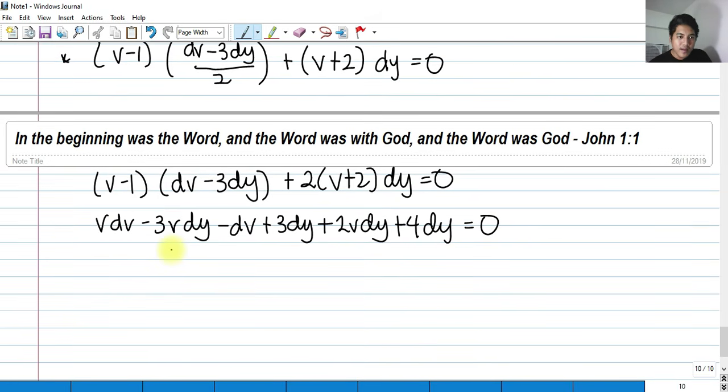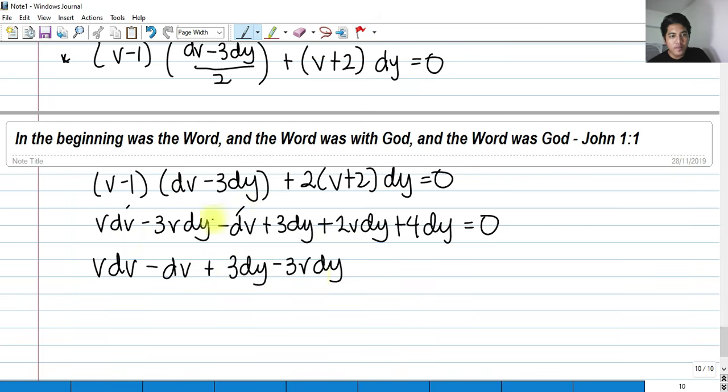So combine the dv's and dy's. We have v dv minus dv here, and in terms of dy, 3 dy minus 3v dy, plus 2v dy, plus 4 dy is equal to 0.